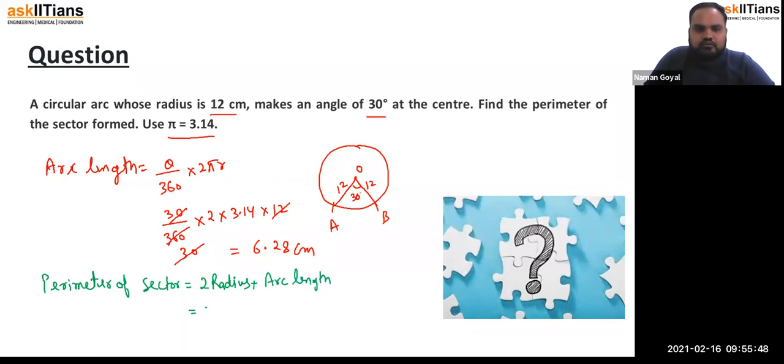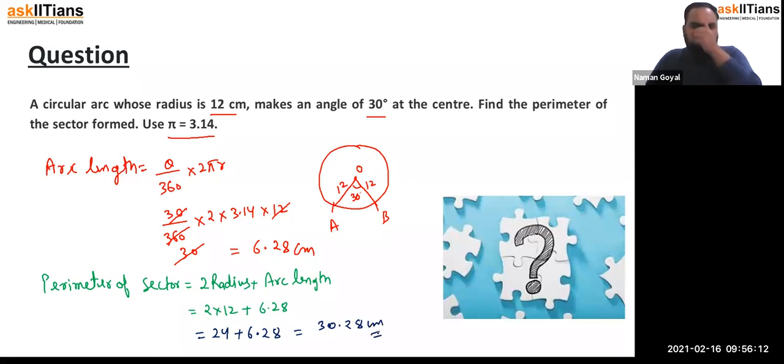So 2 radius is 2 into 12. Arc length is 6.28. So what do we get as the answer? It will give 24 plus 6.28. So the perimeter of that figure is 30.28 centimeter. Don't forget to put the unit at the end.